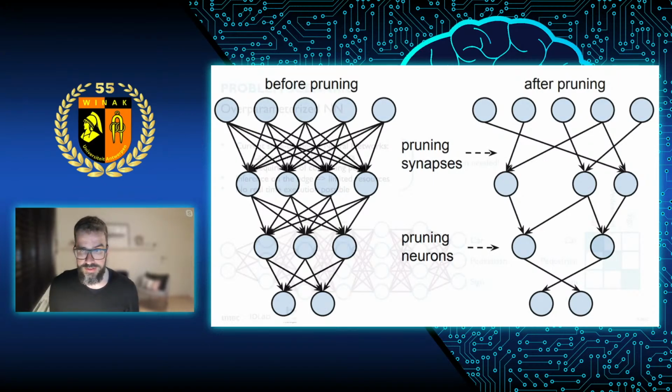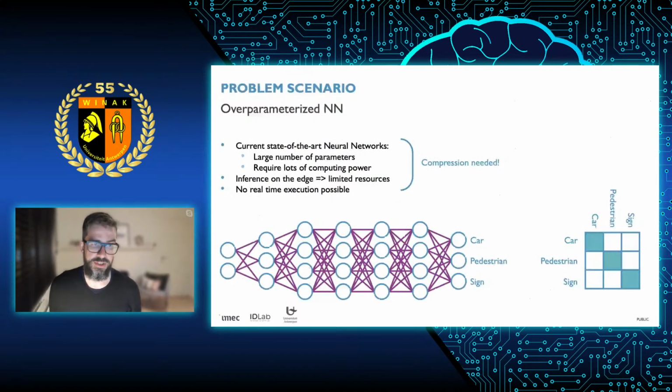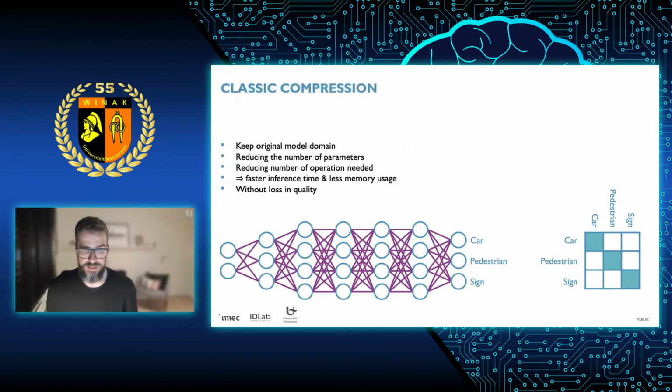Can we do that? Yes, we can definitely do that, because typical neural networks have a huge number of parameters: a huge number of neurons with very little weights, a lot of synapses as well. Often it means that you can actually prune and remove a lot of those connections. The typical state of the art does that in a classical way.